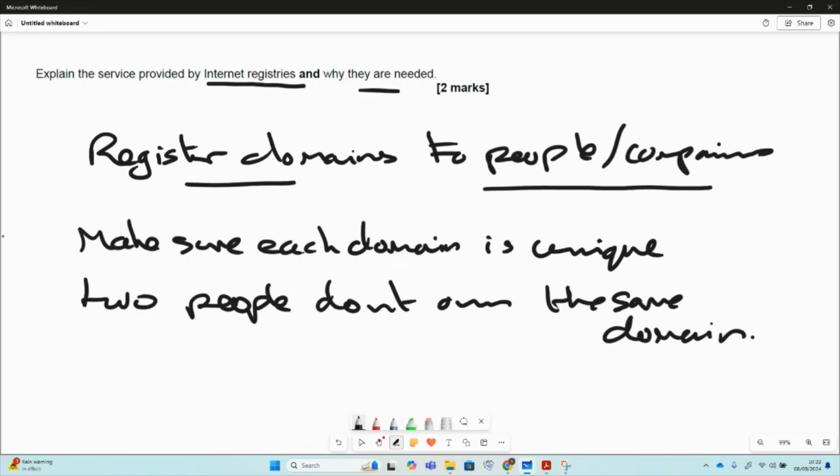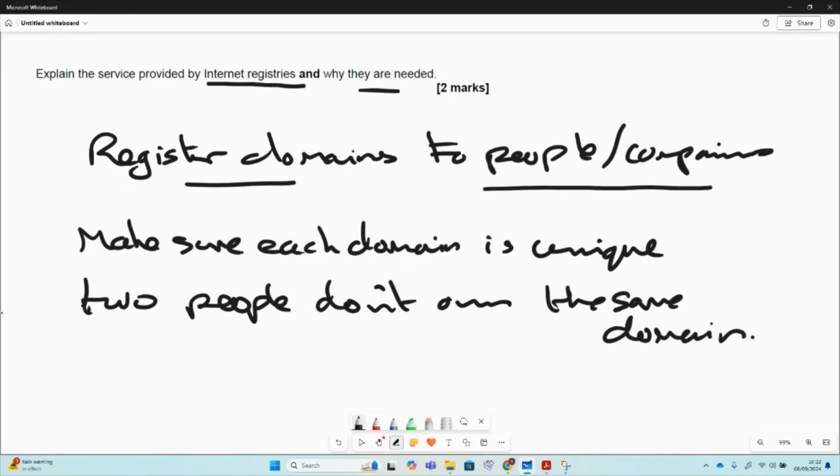If two people owned the same domain, you'd have a problem with two websites being registered with that domain, two websites using that domain. It'd be very confusing if people were trying to go to one website and they ended up at another one. It would be very difficult then.